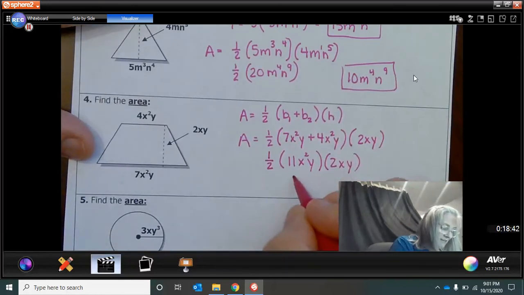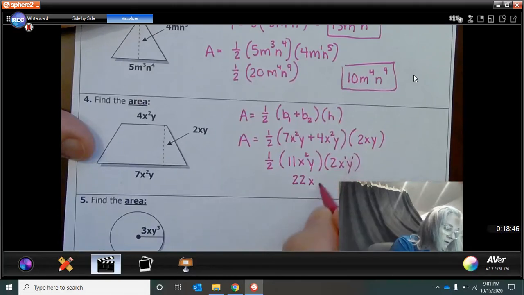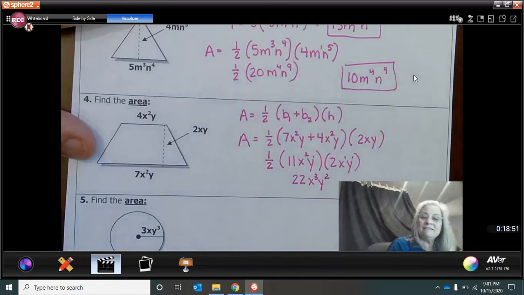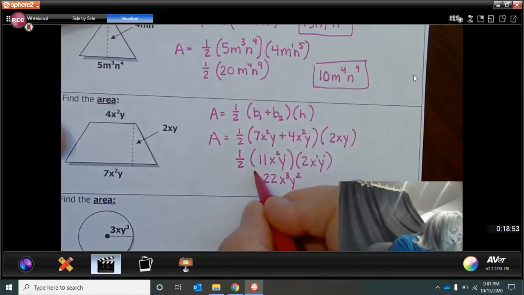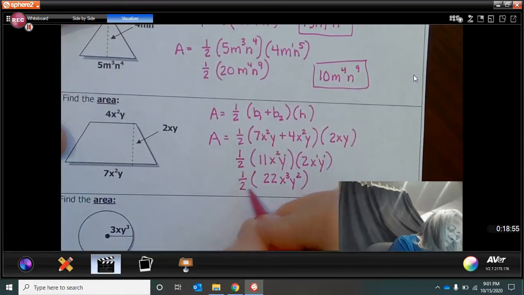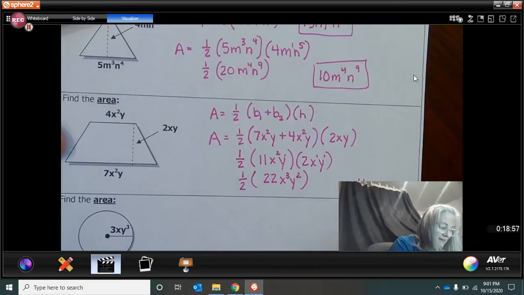When I multiply these two together, I get 22x to the 3rd, y to the 2nd, and we're going to multiply this times 1/2. So we end up with 11x to the 3rd, y to the 2nd.